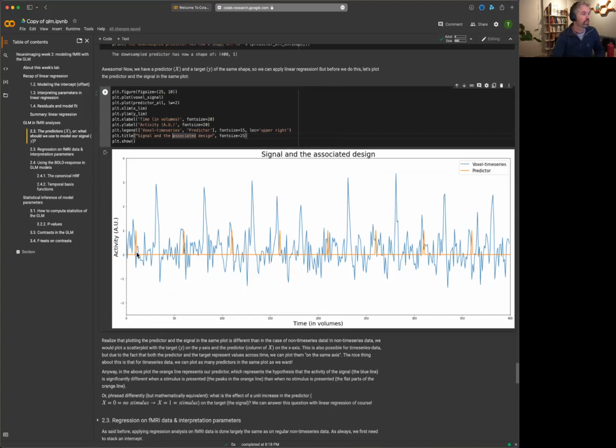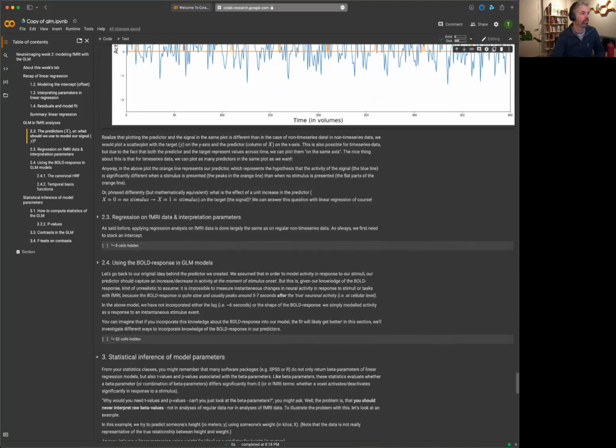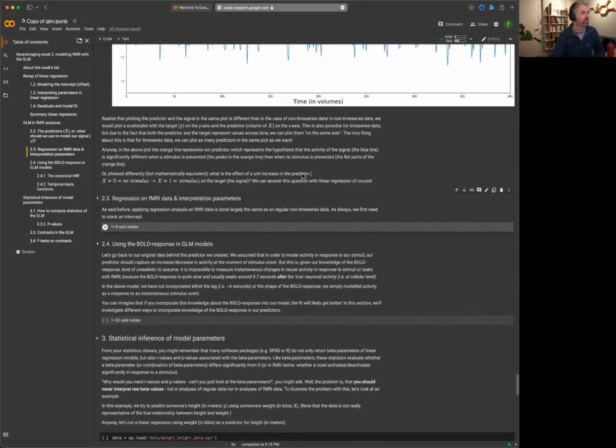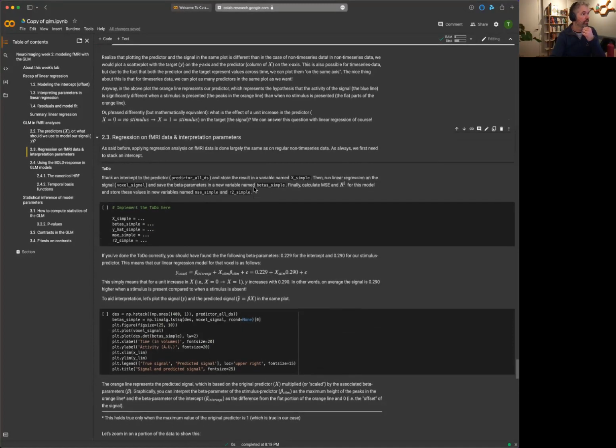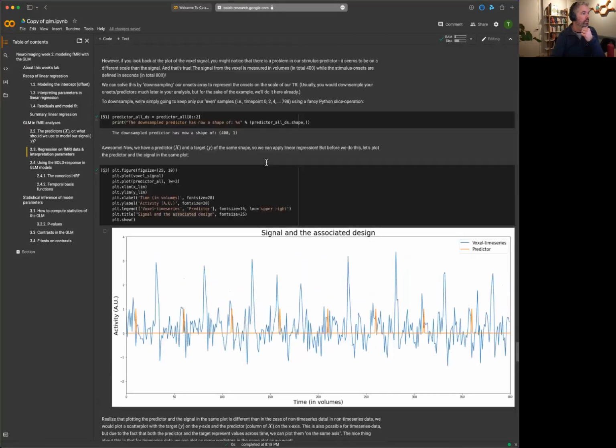So here we see events happening in our experiment in the orange line, which is our predictor. And then we have our voxel time series on top of it. So let's start to see how we would go about this. Again, we want to set up an analysis, a GLM analysis, and we're conducting a very simple experiment now.